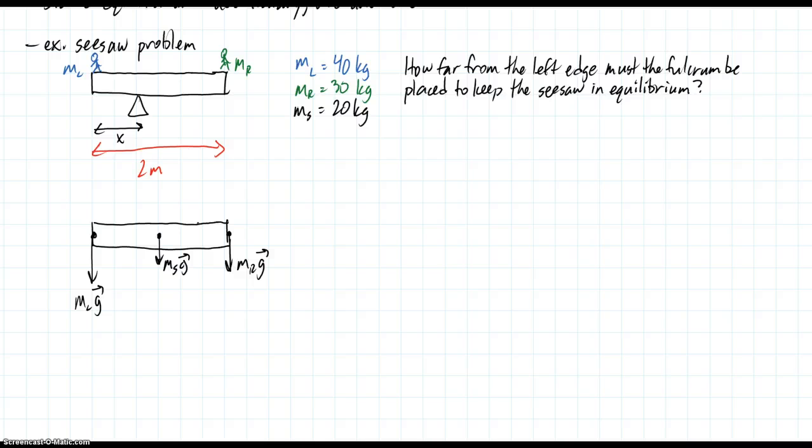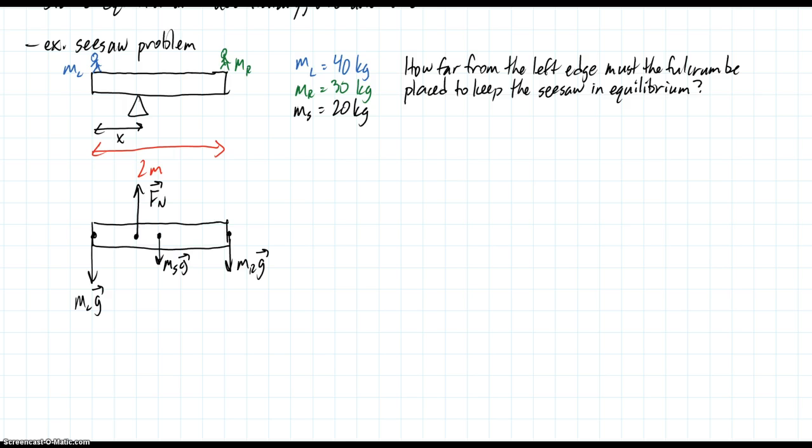And finally, we have a normal force upward from the fulcrum. We're going to assume that the seesaw is very narrow, and so we're not going to worry about the thickness or the height of the seesaw. And so we'll place all of these points at the same vertical position, and we know that the net force points upward from that point.